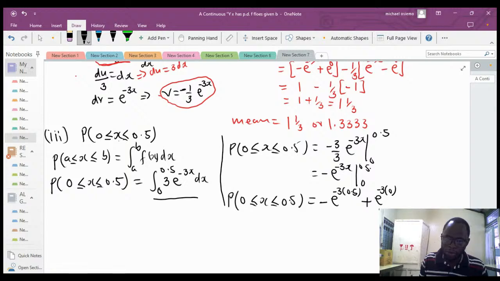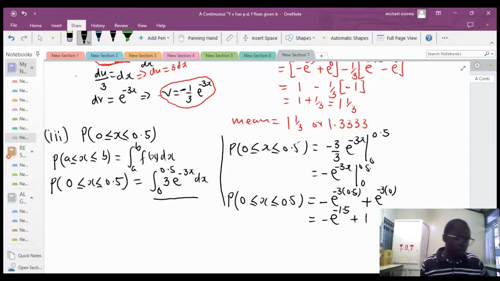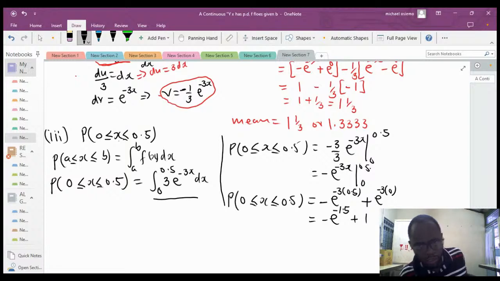We already know this value is equal to 1. So here you have negative exponential raised to the power negative 1.5, then plus 1. Get your calculator and compute the exponential raised to the power negative 1.5, then plus 1, and you can get the probability.